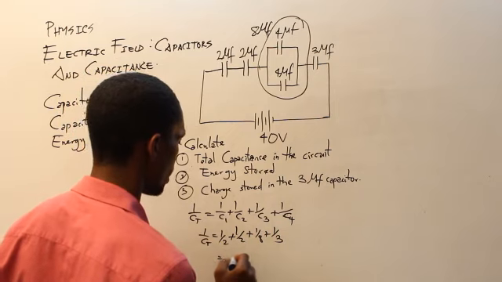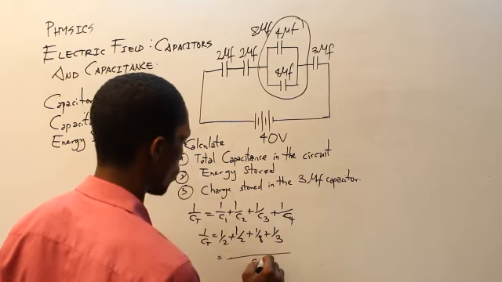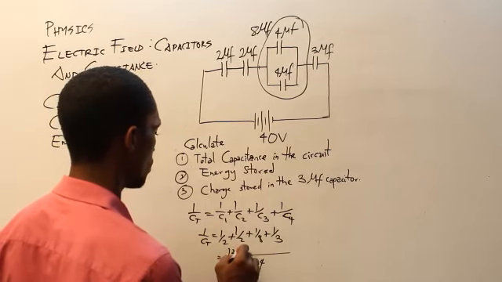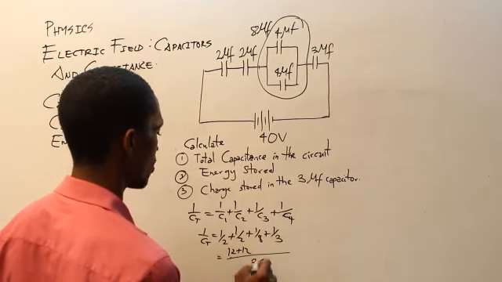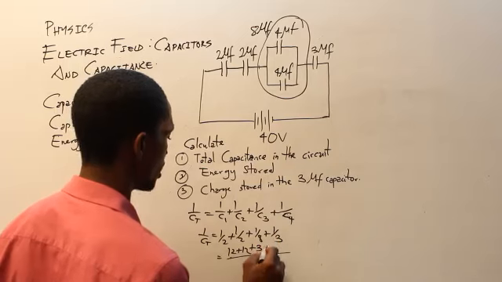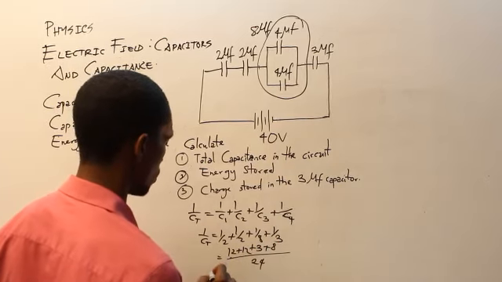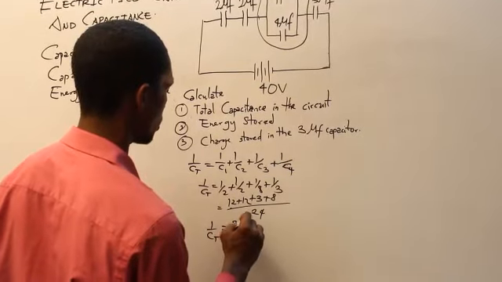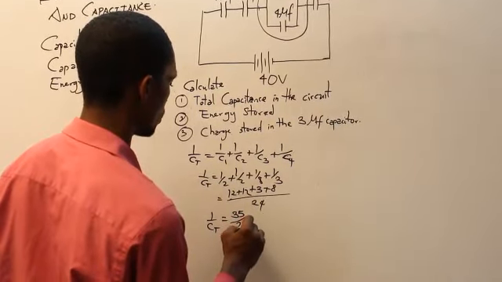That means we'll have to find the LCM, which is 24. 2 in 24 is 12. 12 times 1 is 12 plus 12 again. This time around will be 3 and then 8. So 1 over CT will be equal to 35 over 24.